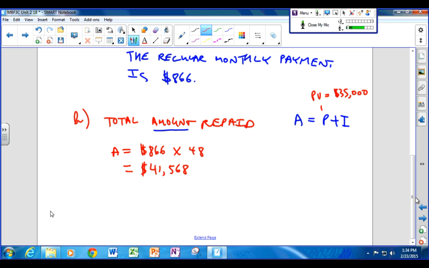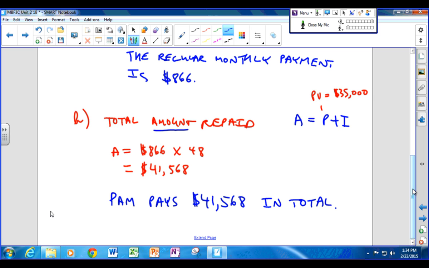So, all right, we got this, and so the answer then is Pam pays $41,568 in total. Okay, so that's the amount that she repays.